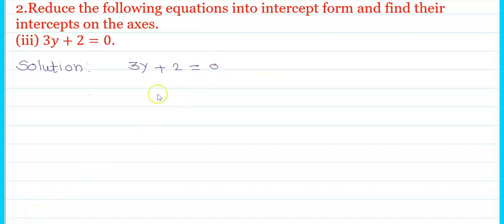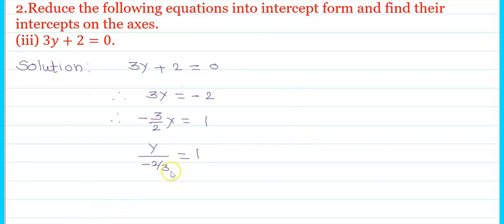Now this can be written as 3y = -2. Divide both sides by -2, and then you will get -3/2 y = 1, that is y/(-2/3) = 1.